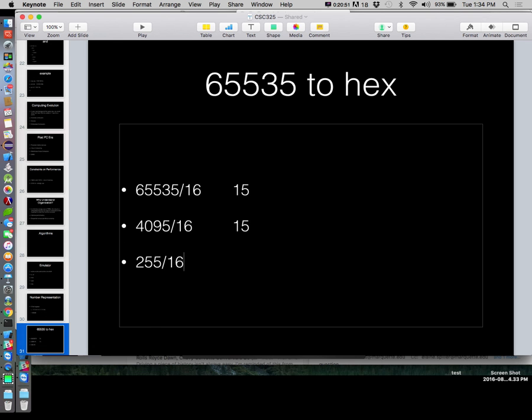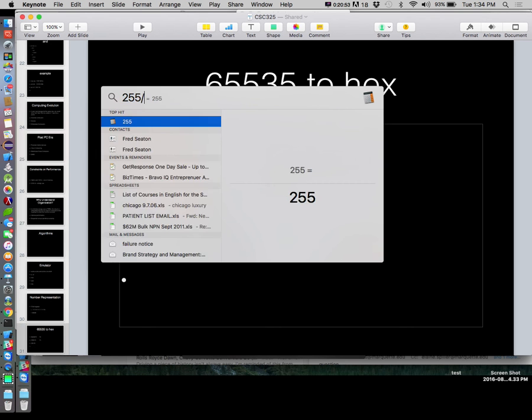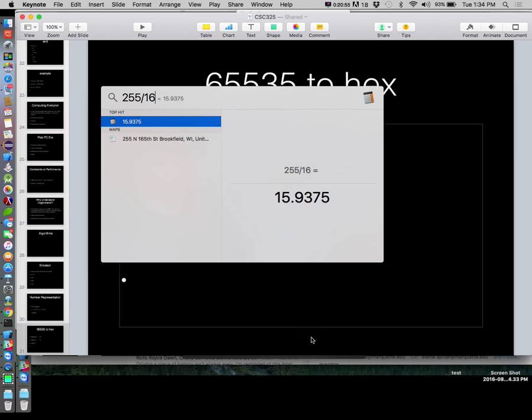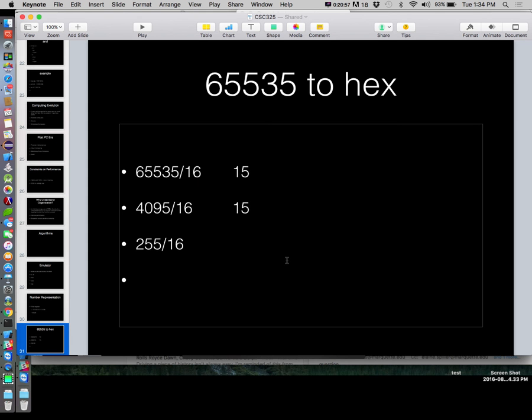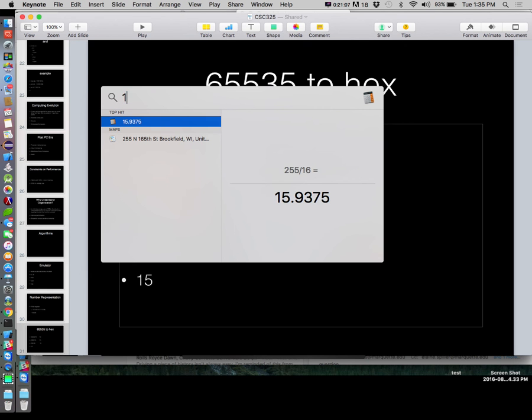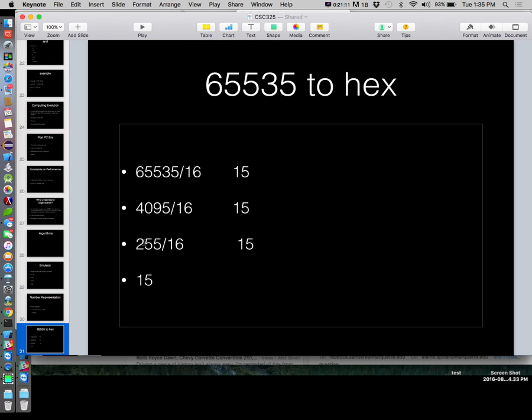Now we keep trucking. Divided by 16. 255 divided by 16 is 15, remainder 15. And 15 times 16 is 240. 240 to 255 is 15 remainder. So there's that 15. 15 divided by 16.